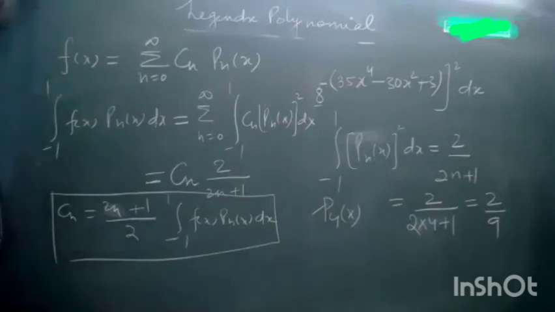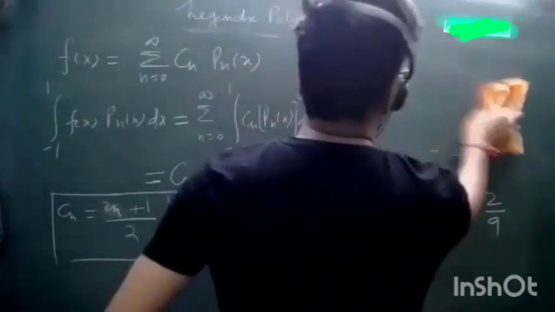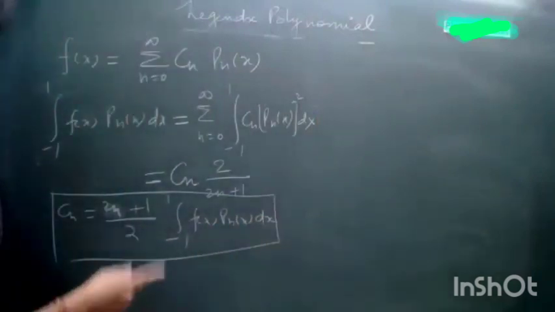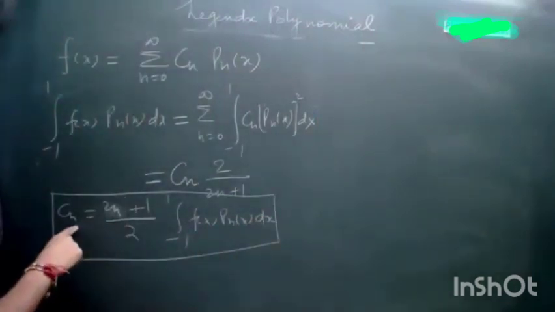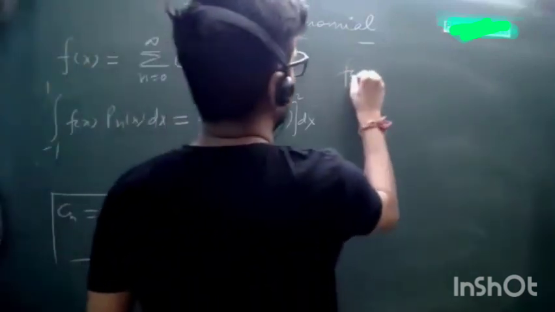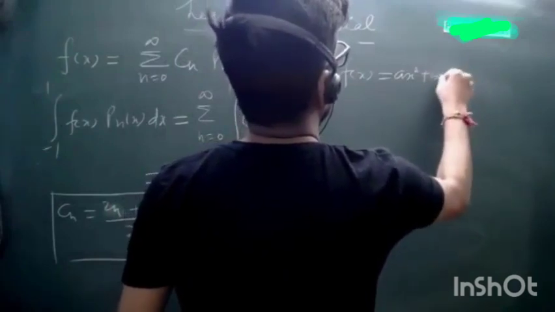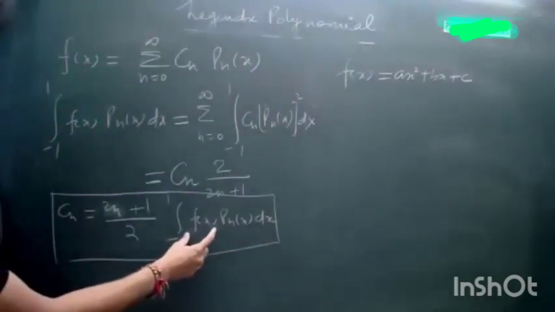So like I give you an example, jo question maine abhi karaya tha, aapko isko homework hai, uske coefficients isse nikalna. Like you see, f(x) was what? ax square plus bx plus c. This is the value of f(x). Put it here.